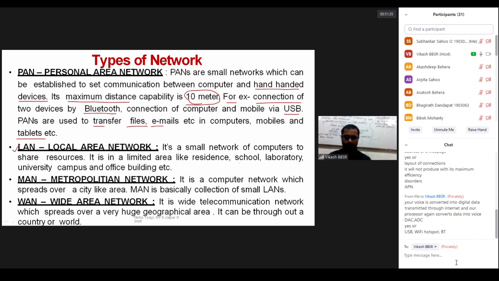But in your school, in one building or one organization, they use the LAN. Remember, they use the LAN. It is a small network for computers to share resources in a limited area like your residence, your school, laboratory, university campus, or office building. Generally, in these cases, you are using the LAN.